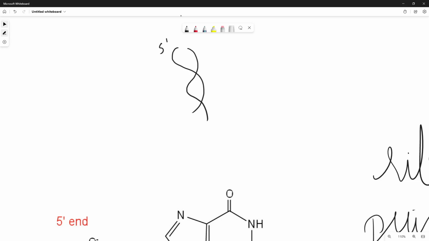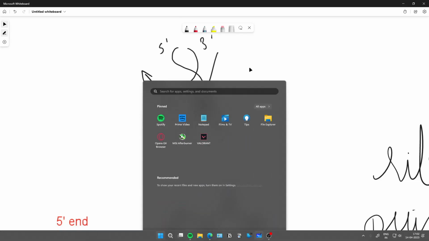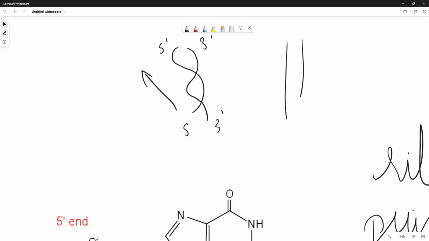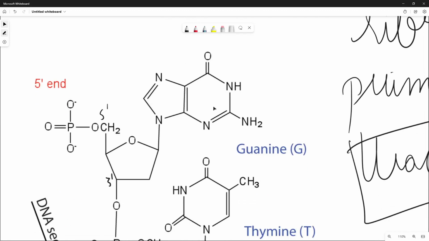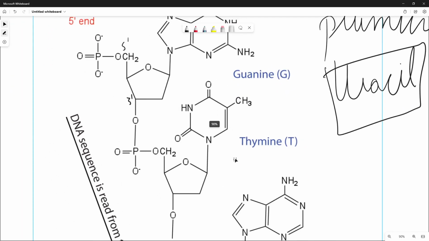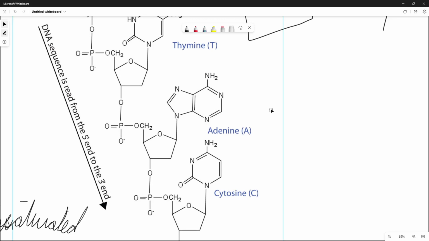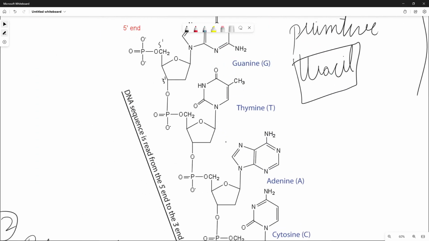So for example, on this strand, the direction could be 5 prime to 3 prime going upwards, whereas here it has to be 3 prime to 5 prime, which means they run in opposite directions. This might not be clear, so I'll just make a linear representation. If this is 5 prime and 3 prime, the other has to be in the opposite direction. So this is basically the whole structure of DNA, and it is also a type of polymer where the only thing changing is the nitrogenous base.